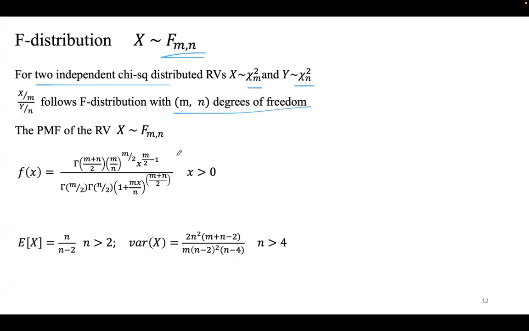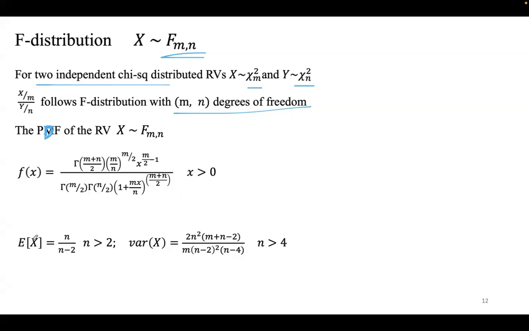Now there are 2 parameters. This is only valid at x greater than 0. So I think here as well, we have to call it PDF. And yeah, so this is also always greater than 0. You have 2 values here. Again, absolutely, you don't need to remember this formula. Just remember that there are 2 parameters here.